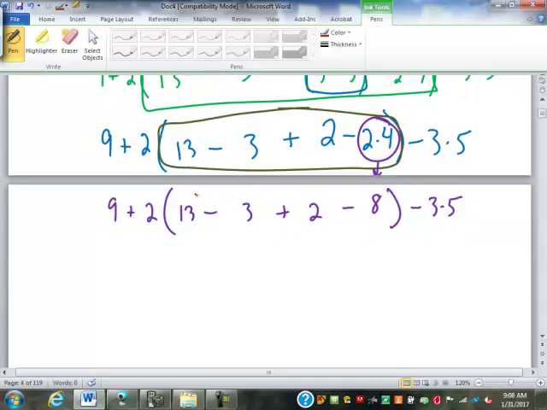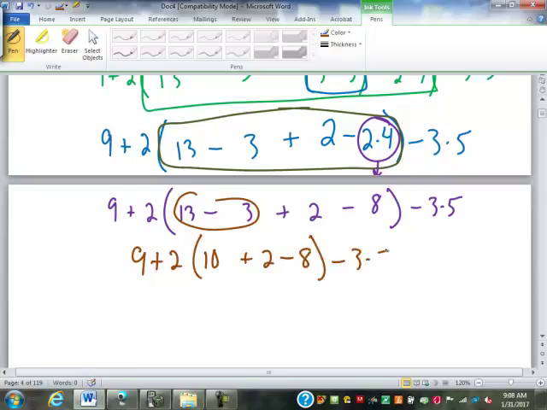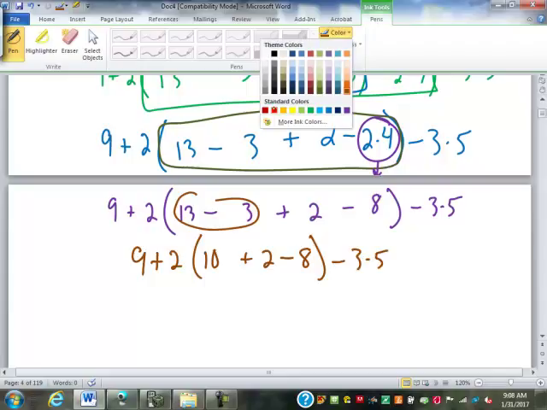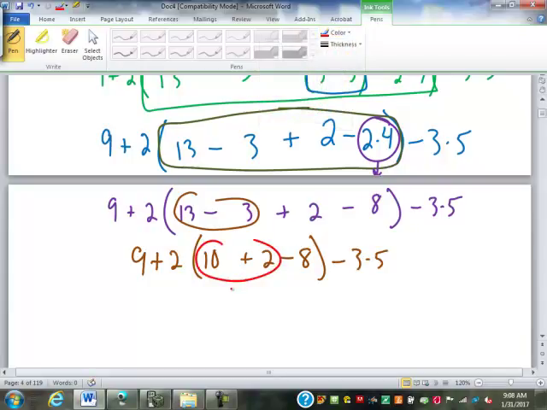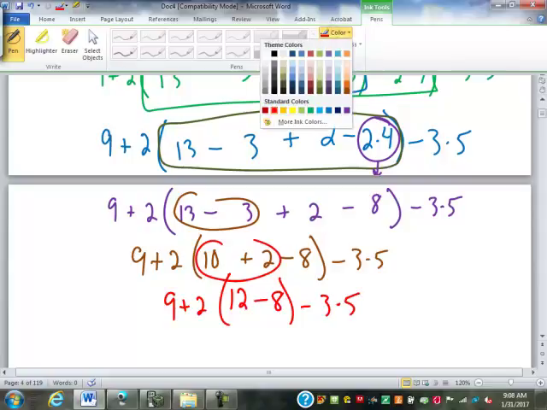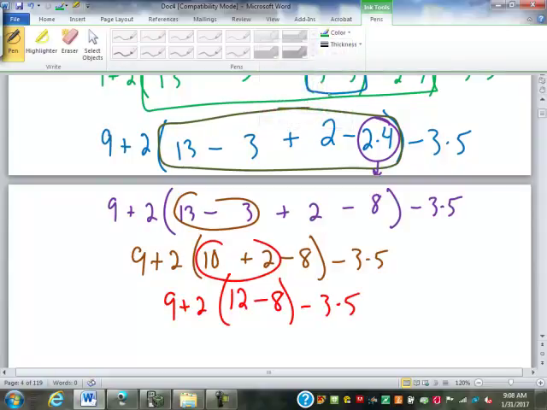So we're going to go left to right. 13 minus 3 is 10. Ten plus 2 is 12. Twelve minus 8 is 4.